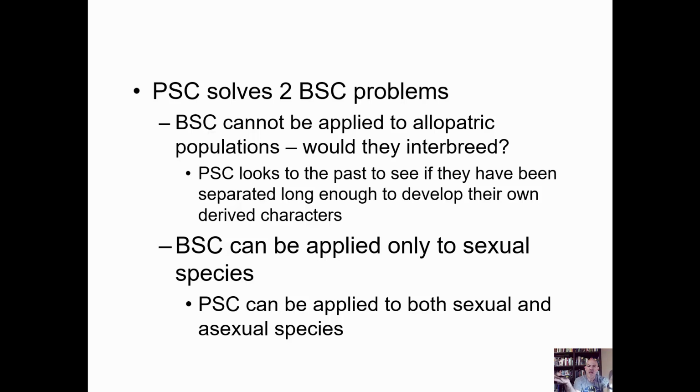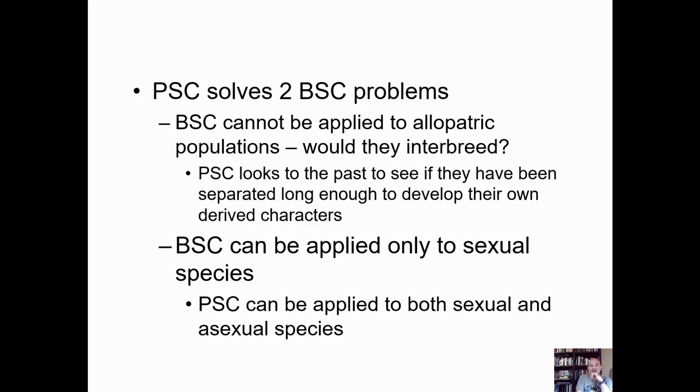Okay, so bacteria wouldn't fit this definition, okay? But they would fit the phylogenetic species concept we'll see in a bit here, because they share some common characteristic or derived character.